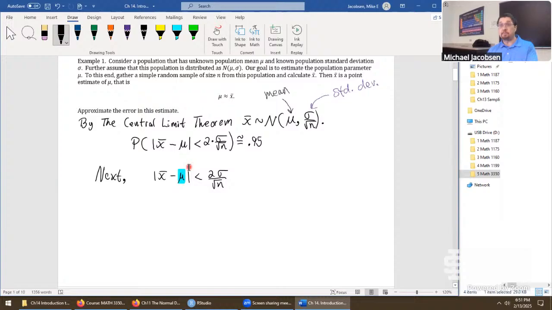You can take off these absolute values and now just convert this into a triple-sided inequality. This will imply that take this quantity, make it negative 2 sigma over the root of n would be less than, we just state what's in the absolute value, X bar minus mu, less than, then just restate this, but with a positive sign in front, 2 sigma over root n.